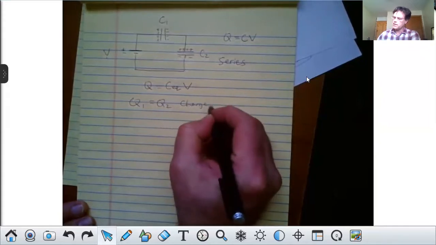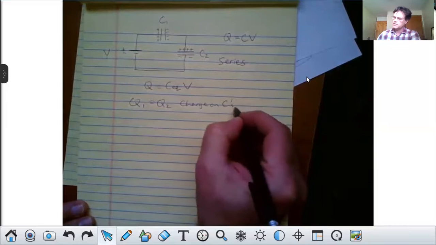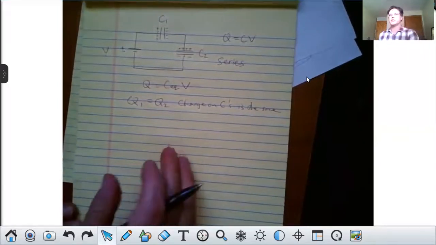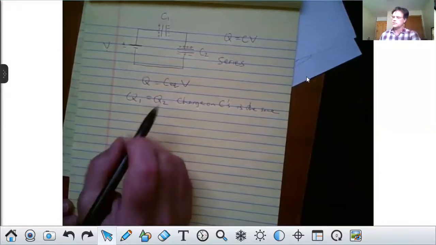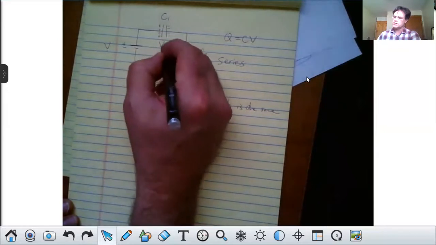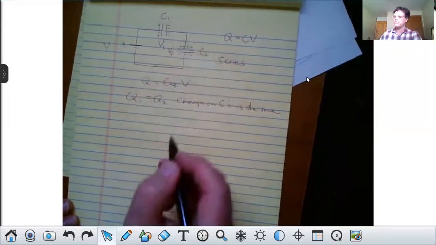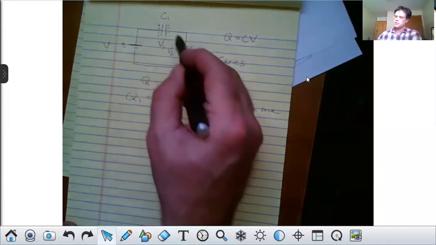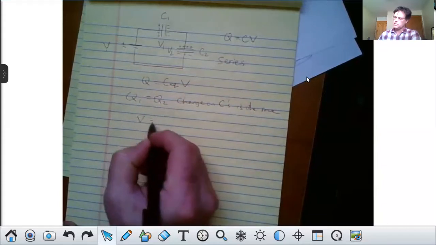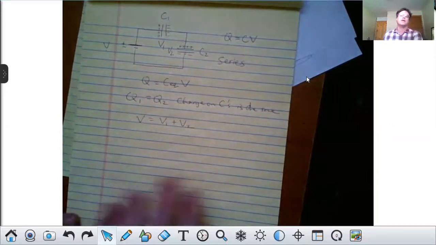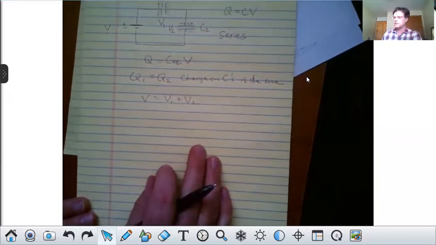The charge on each capacitor is the same in a series situation like this. The voltage, however, is not necessarily the same. We'll have a V1 and a V2. But due to conservation of energy, the total voltage V1 plus V2 must add up to the voltage of the battery. So V is equal to V1 plus V2.